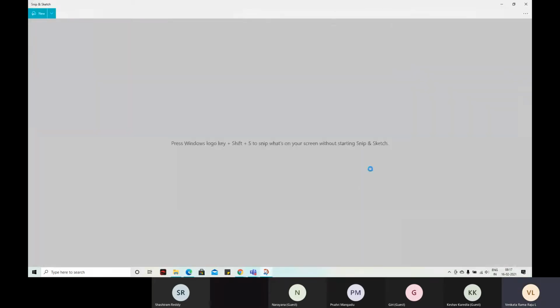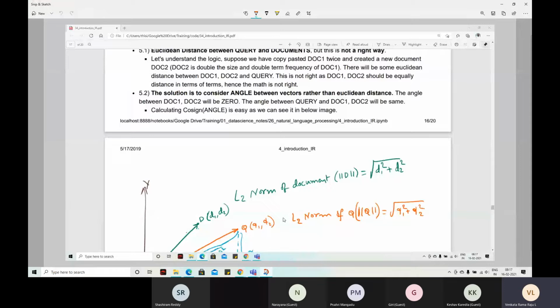Euclidean distance is one way to calculate whether documents are close or far. The closest documents are the query results. But there is a problem. Suppose there is a document, doc1, and you create a doc2 which is just a replica. I just copy pasted the content, whatever is there, four lines. Those four lines I copied and pasted here.